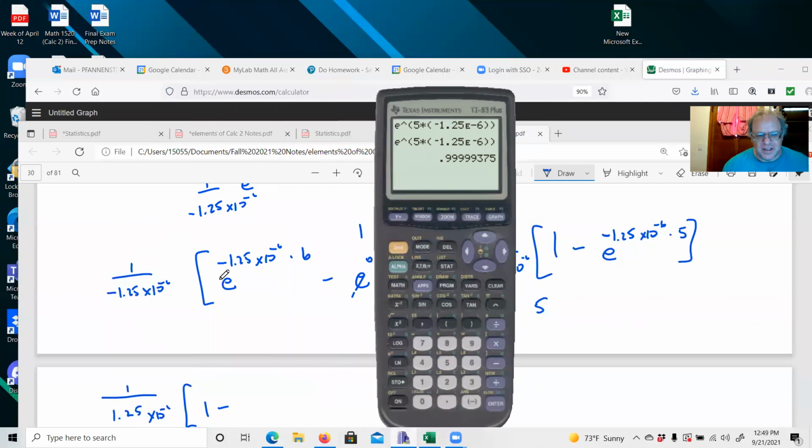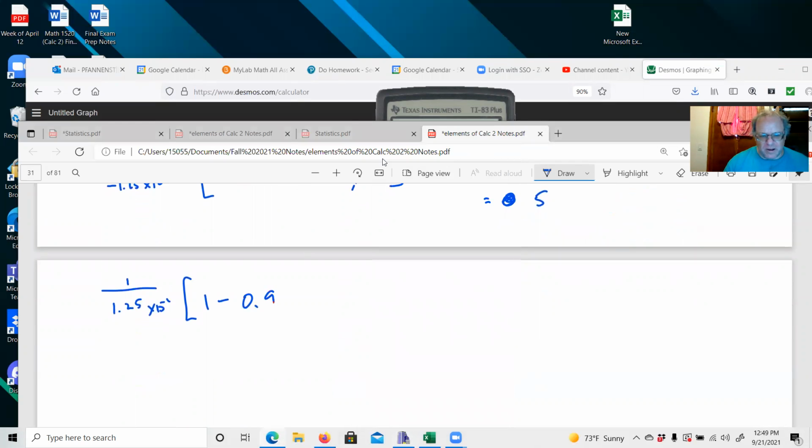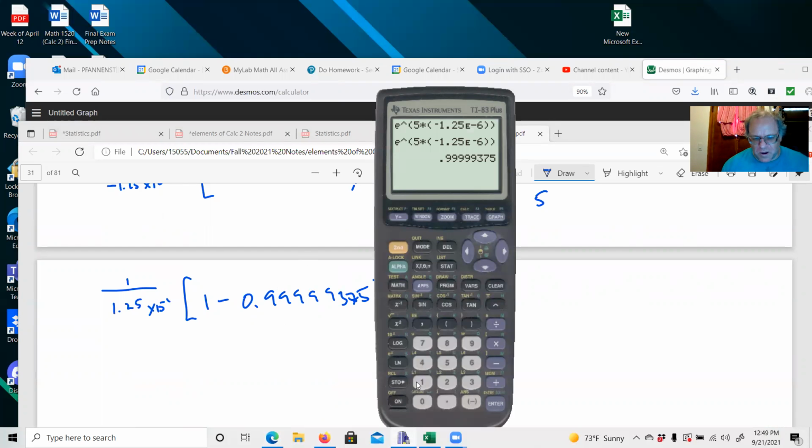All right. Lovely. What do we have here? 0.12345375. All right, so let's take our value and say 1 minus that answer.